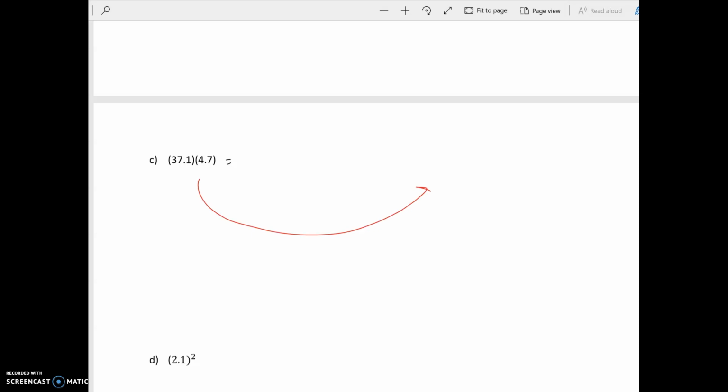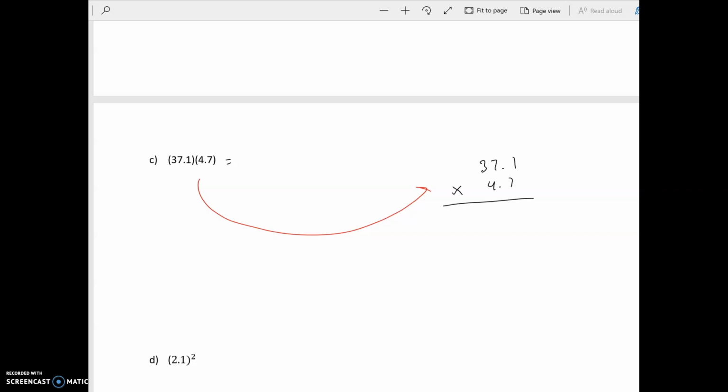So this is the only disadvantage of decimals, that on almost all the operations you have to do some either vertical form or some long division as we're working with them. So what I'm going to do is put on the top the 37.1. So 37.1, and we're going to be multiplying by 4.7.